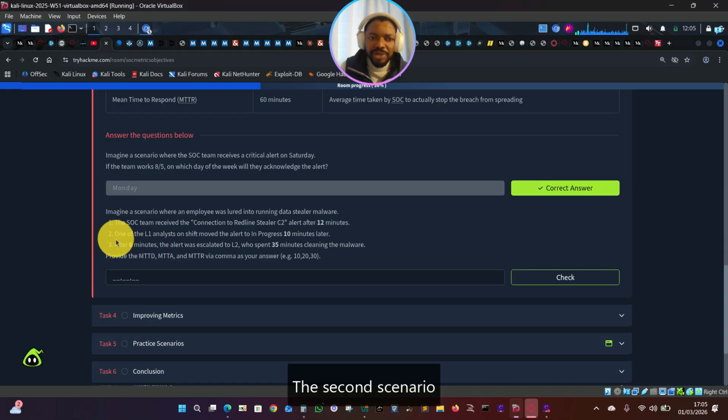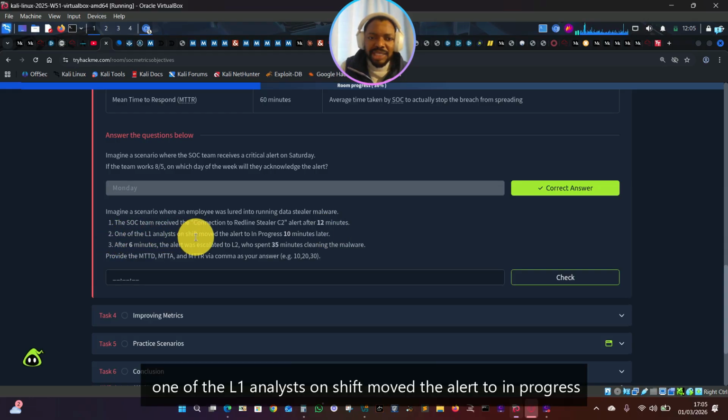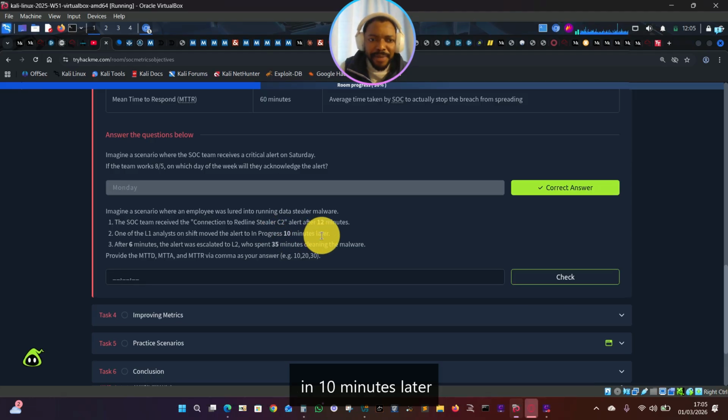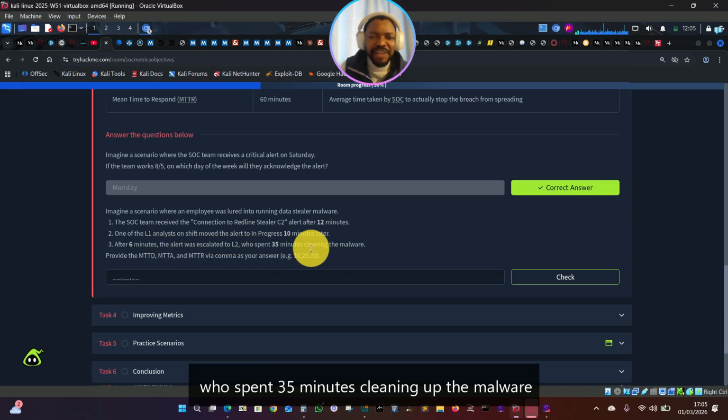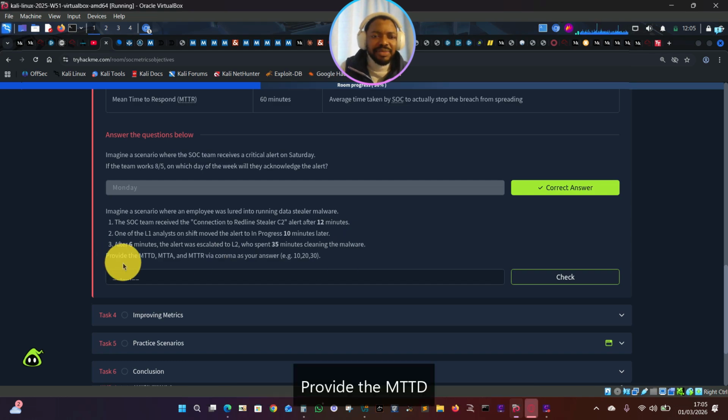The second, one of the L1 analysts on shift moved the alert to in progress 10 minutes later. Number 3, after 6 minutes, the alert was escalated to L2, who spent 35 minutes cleaning up the malware. Provide the MTTD, MTTA, and the MTTR.